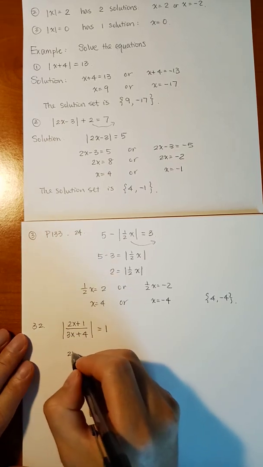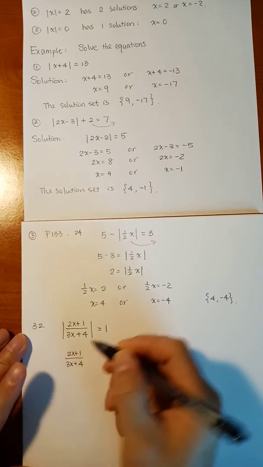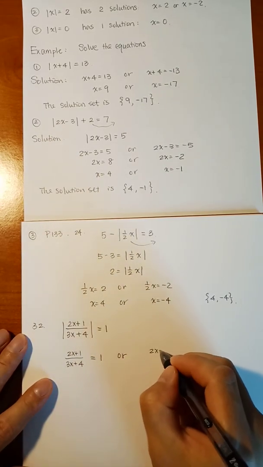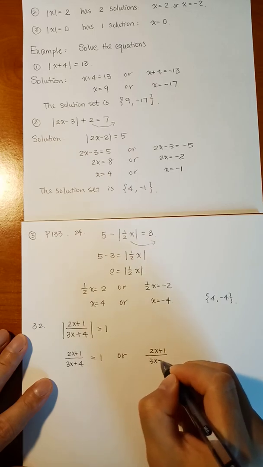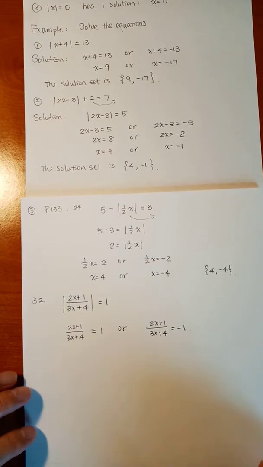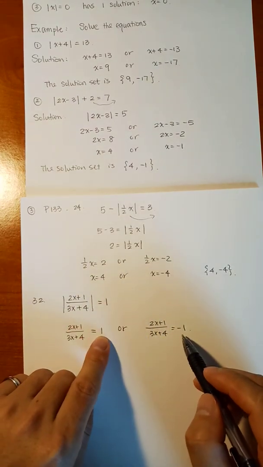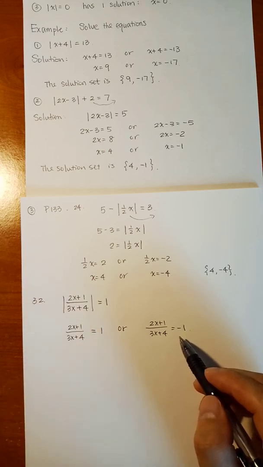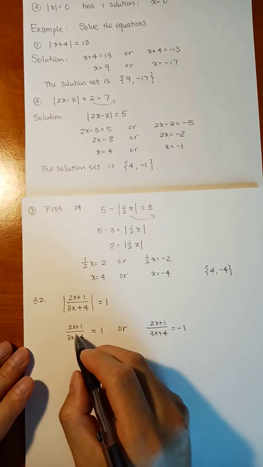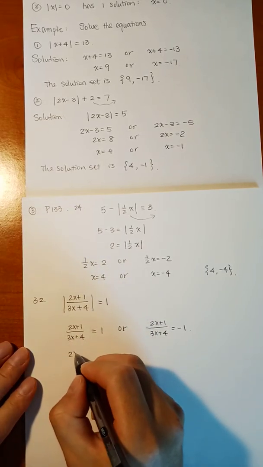The internal function is very complex, whatever. It is equal to 1, or 2x plus 1 over 3x plus 4 is equal to negative 1. Whenever you have absolute value, when you try to remove it, you will always have a positive and a negative situation. Okay, and then you multiply this equation by 3x plus 4.